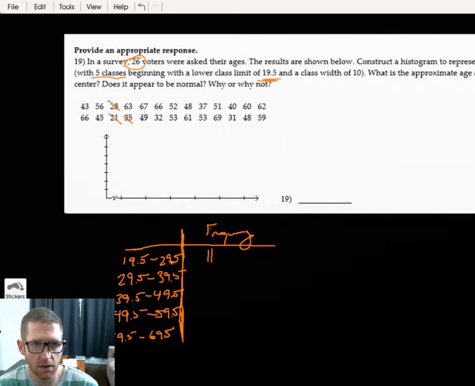We got 1, 2, 3, 4. 40s, 1, 2, 3, 4, 5, 6. 50s, 1, 2, 3, 4, 5, 6.